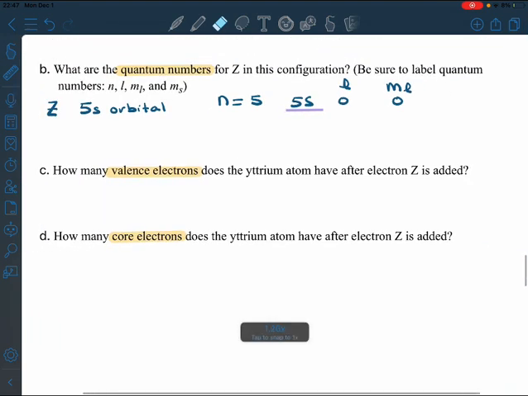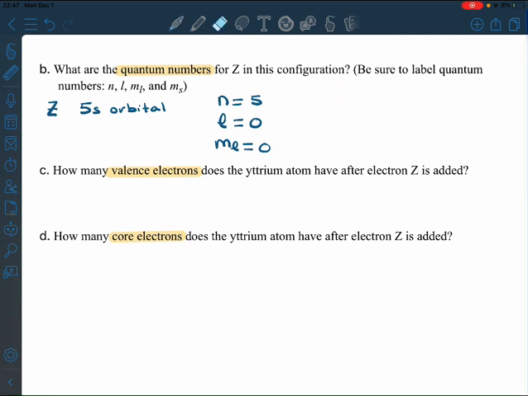So I've got my n value, n equals 5. I've got my L equals 0. I've got my m sub L, which also equals 0. And then my m sub S can either be positive 1/2 or negative 1/2, depending on the spin of the electron.